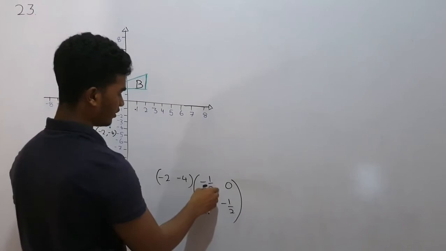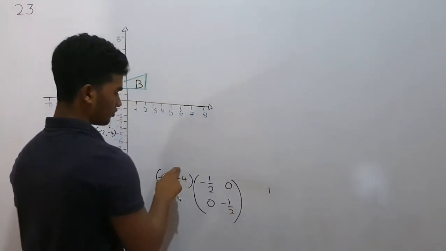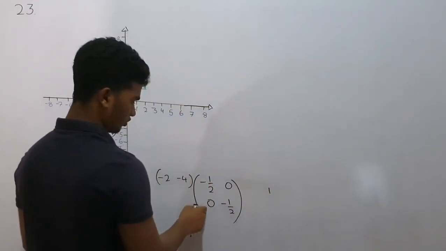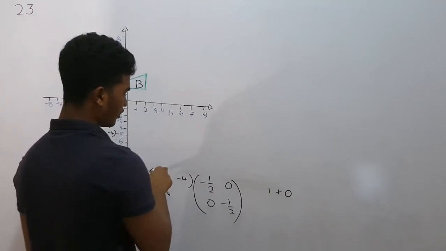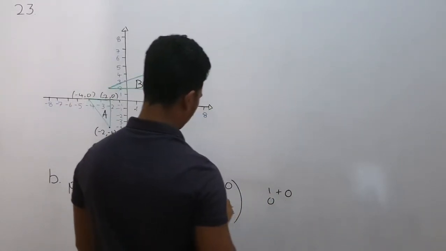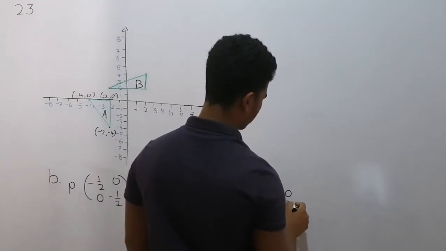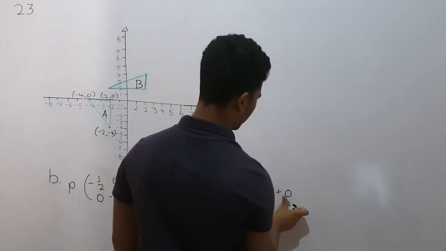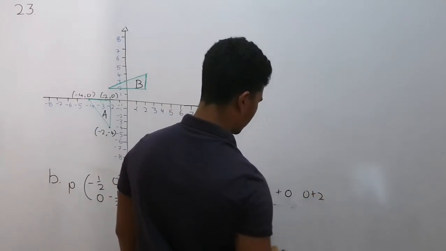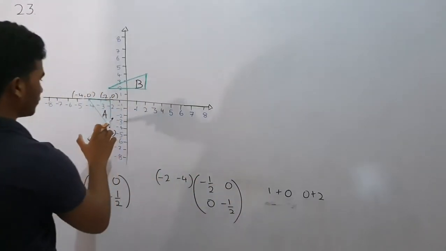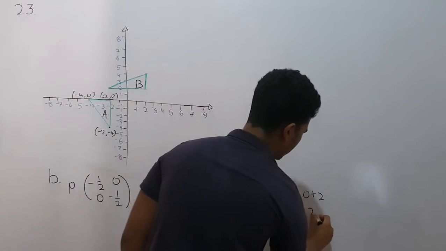Minus 2 into half is plus 1, minus 4 into 0 is 0. Then minus 2 into 0 is 0, minus 4 into minus half is plus 2. So your point should be marked at 1, 2.